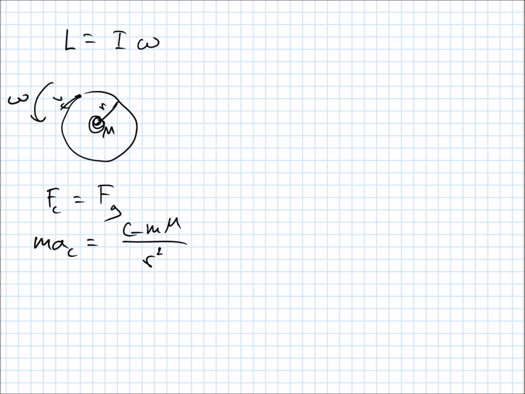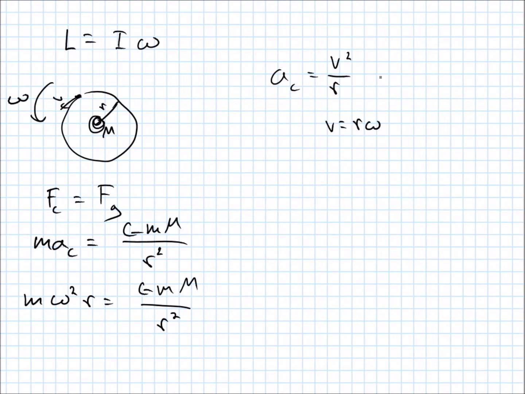But this time, let's write the centripetal acceleration differently. We can also write it as omega squared r. I'm getting toward the angular velocity here, omega, but what I want is angular momentum, so we'll keep that in mind.